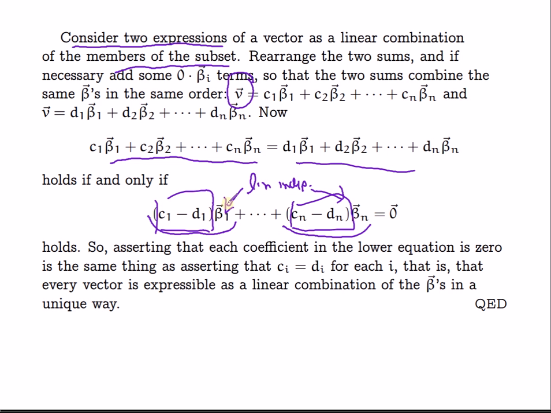But if all the coefficients are 0, then these two expressions, in fact, are identical expressions. And we don't have two different expressions of the vector as a linear combination. We only have one. So this gives us exactly what we want: if the vectors in the basis are linearly independent, there's only one way to express a vector as a linear combination of these betas. So we've shown basically that you can express any vector in the vector space in a coordinate fashion with respect to a basis.